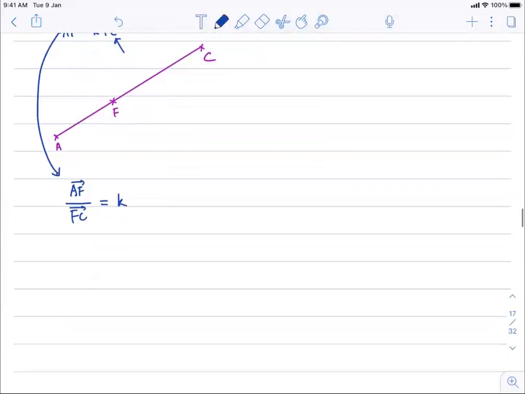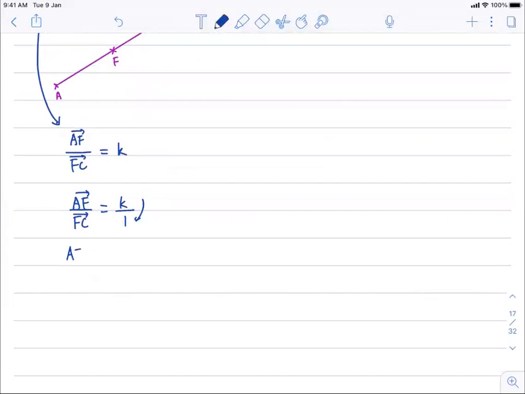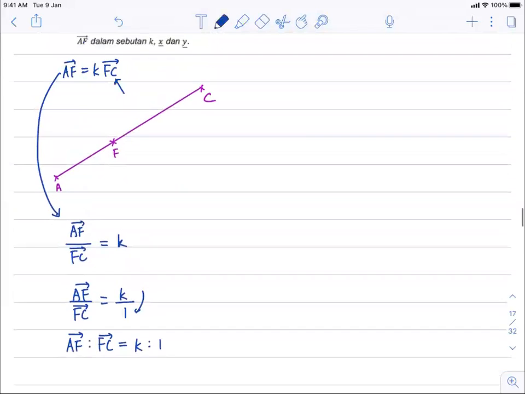We can write it as k over 1, because anything divided by 1 is still the same thing. So we can write it in the form of a ratio: AF to FC is equal to k to 1.